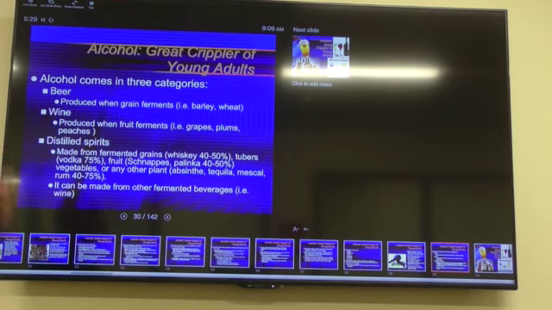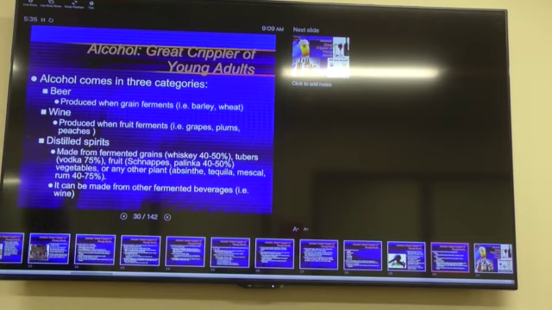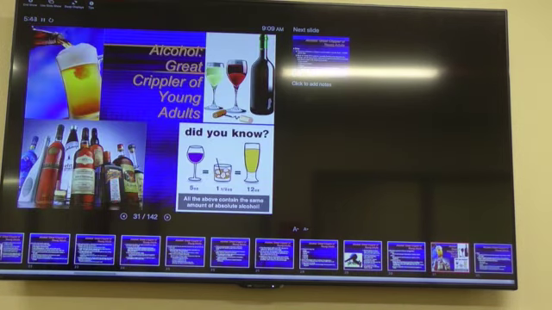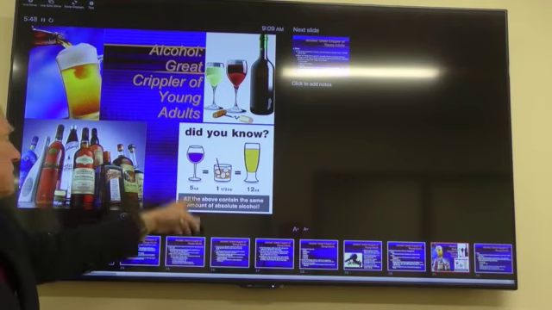You can distill spirits out of wine. That's what sherry is. Sherry is distilled wine. They just heat the wine and then they distill it, and that's what the sherry is. As weird as that is. And of course, there's the three different types: beer, wine, and distilled spirits.